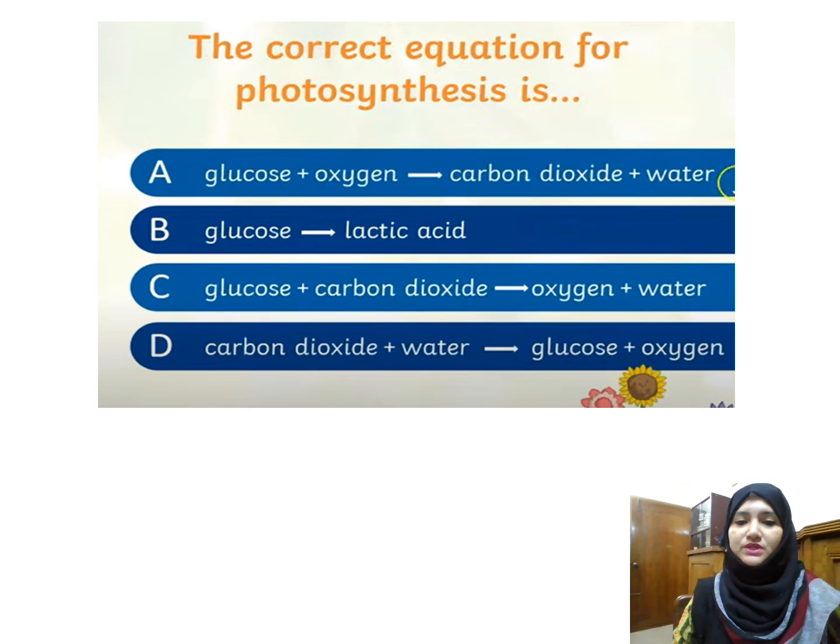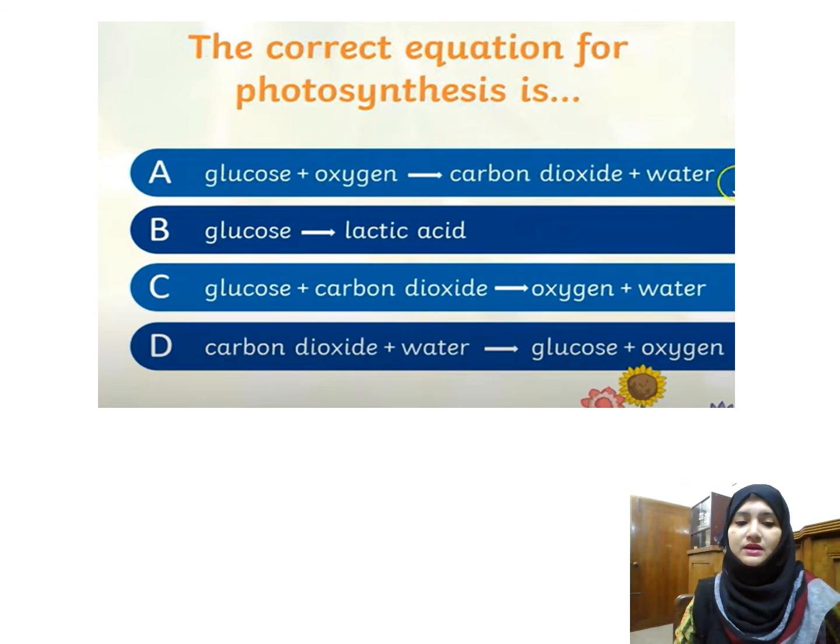The correct equation for photosynthesis: glucose plus oxygen gives carbon dioxide plus water. This is wrong. Glucose to lactic acid. This is also wrong. Glucose plus carbon dioxide, oxygen and water is produced. This is not correct. D, carbon dioxide and water react with each other and produce glucose and oxygen.